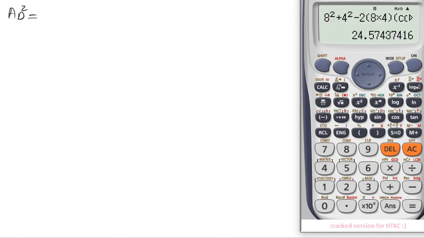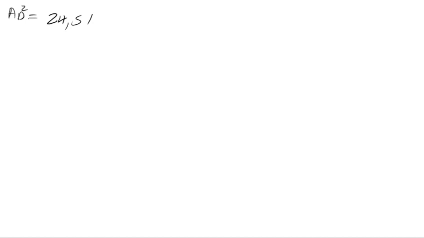Okay, you're gonna get 24.57. Okay, and then you put the square root now. So AD will be equal to 4.96. So this will be your answer.